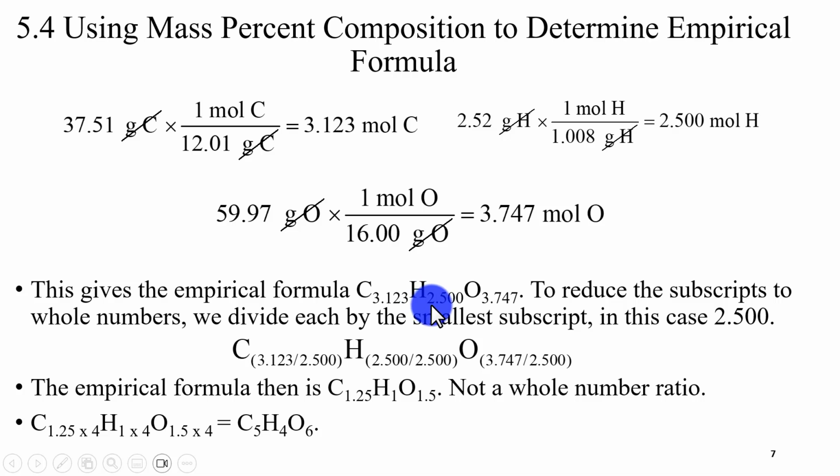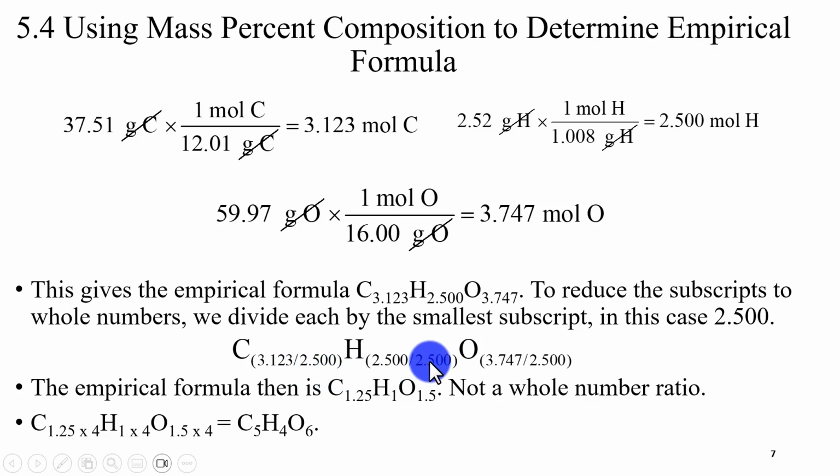So I divide all three numbers by the smallest number, which is 2.5. So here's how I would write it. I take 3.123 moles of the carbon divided by 2.5.